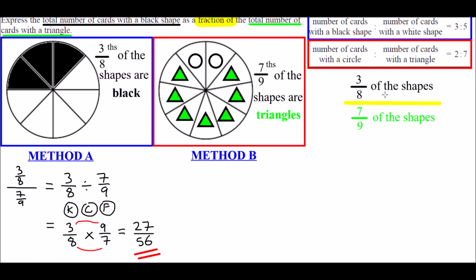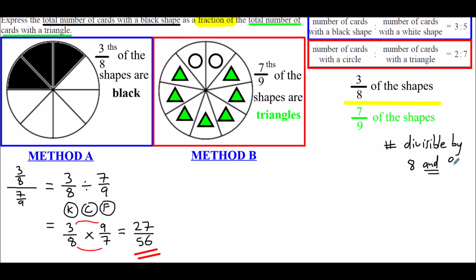It might be easier for some people to think of 3/8 and 7/9 as actual numbers. So could you think of a number that you can split into eighths and you can split into ninths? If a number can be split into eighths and split into ninths, we need to think of a number that's divisible by 8 and 9.